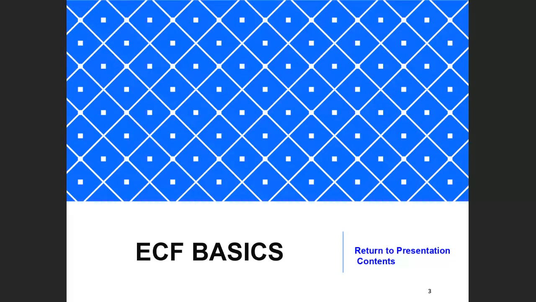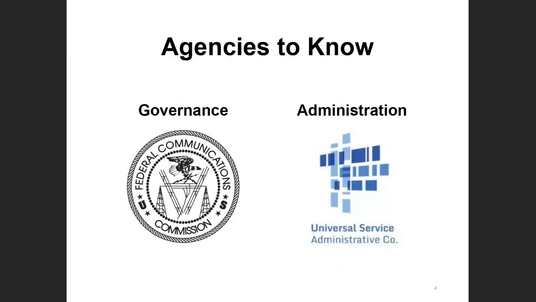So let's start with some basics about the Emergency Connectivity Fund, or the ECF. We'll be talking a lot about two particular agencies. I'll refer to them over and over. Just like the E-rate program, the ECF will be governed by the Federal Communications Commission, or FCC.